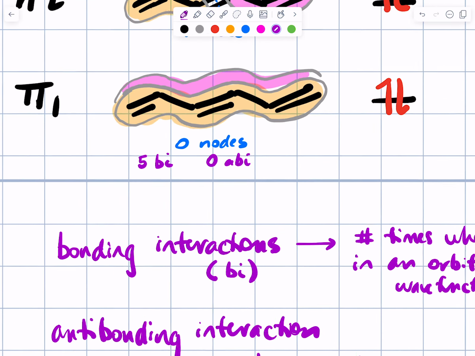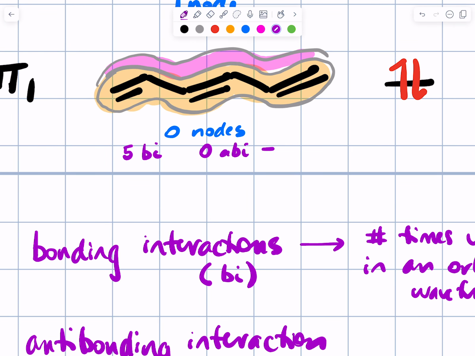And it turns out we can subtract the anti-bonding interactions from the bonding interactions to get an overall sense for whether this is a bonding orbital or an anti-bonding orbital. Of course, it's obvious here. There are 5 net bonding interactions.